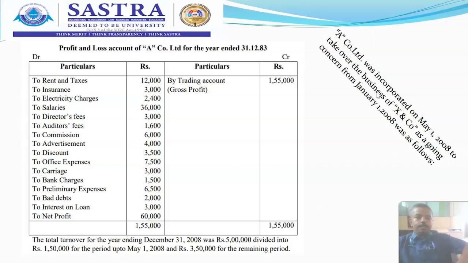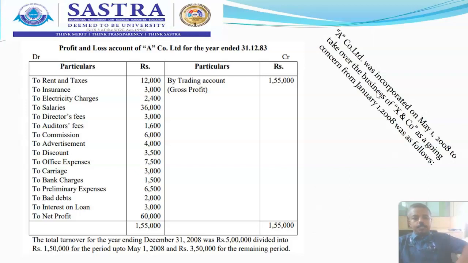So 4 months pre-incorporation, 8 months post-incorporation, which is 4 is to 8. It can be simplified into 1 is to 2. So the time ratio is 1 is to 2, and the sales ratio is 3 is to 7.